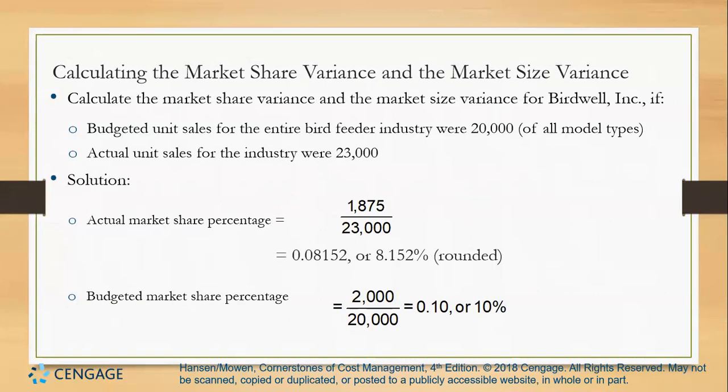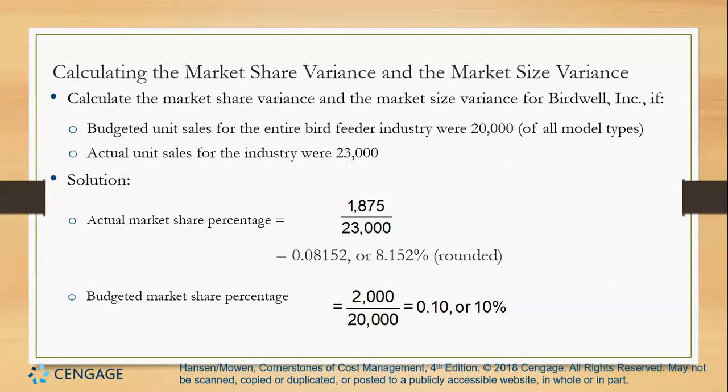So we have now to calculate the market share variance and the market size variance if budgeted unit sales for the entire bird feeder industry were 20,000 for all model types. Actual is 23,000. So we now divide the actual sales of 1,875 by 23,000, rounded off is 8.152%.